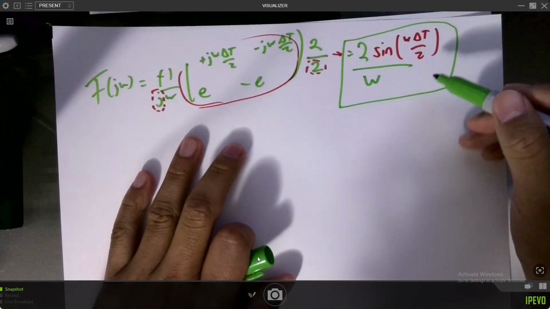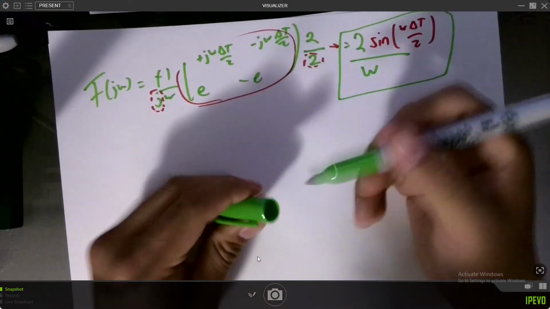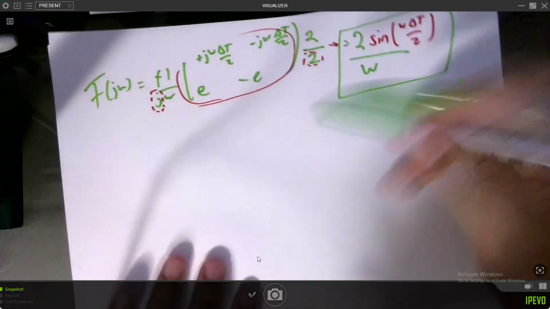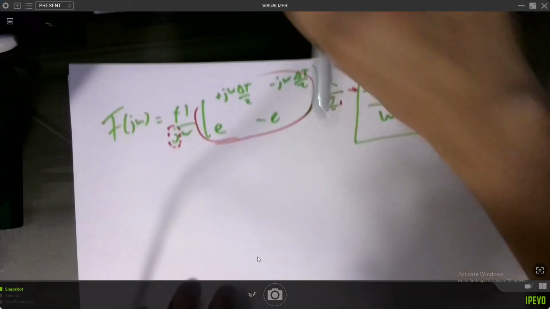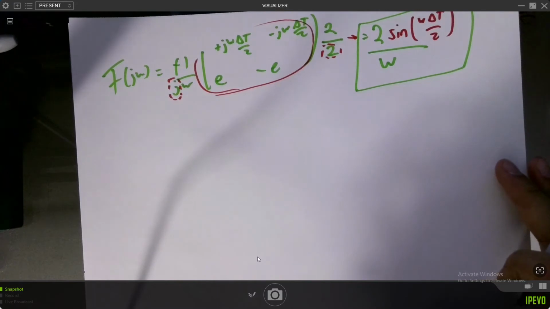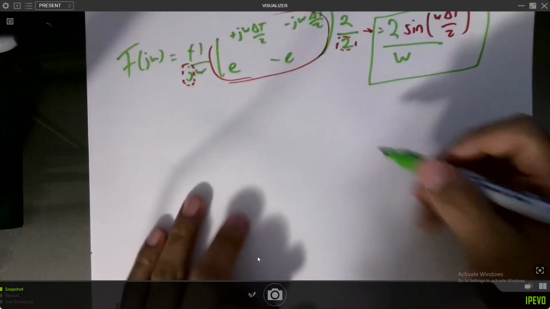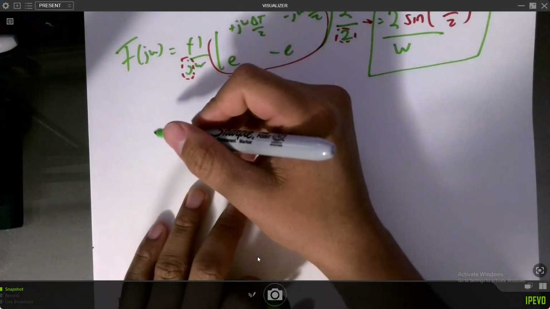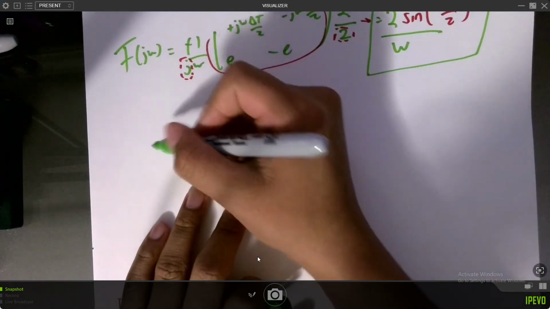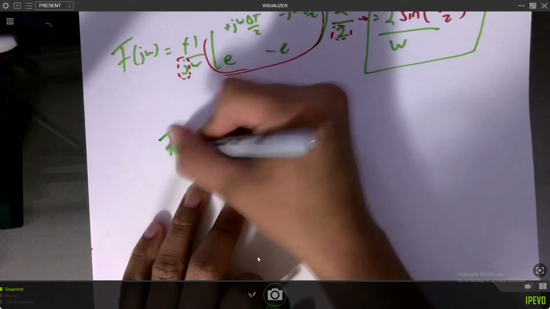And then they ask you, all right, I want to know the Fourier series of the signal that we have right here. There's a couple of cool ways you can probably approach this problem, but one of them is the easier one. So recall that Fourier transform.